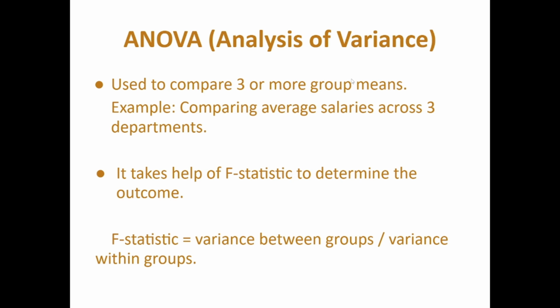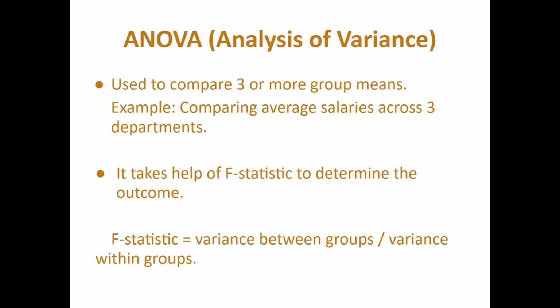Now my next test is ANOVA, which is called analysis of variance. So what is ANOVA? The ANOVA test is used to determine whether there are statistically significant differences between the means of 3 or more groups.